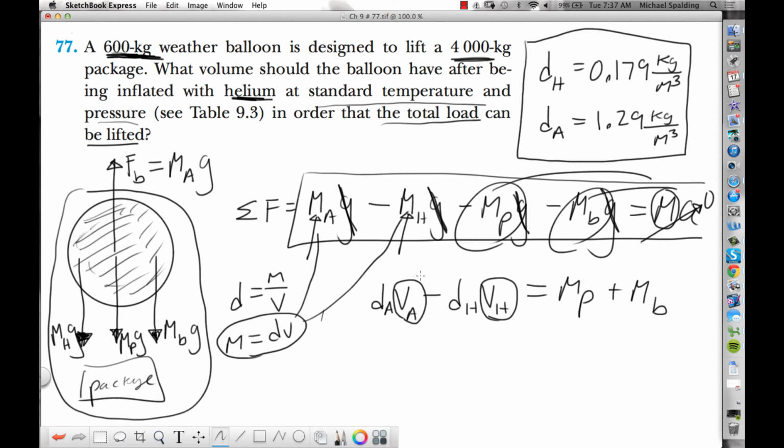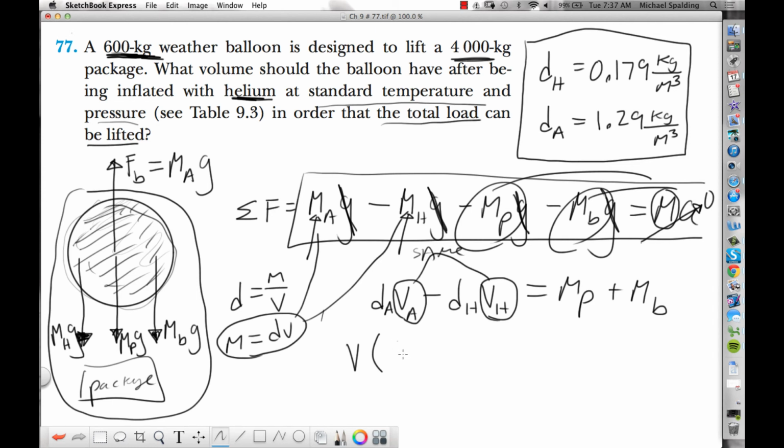And then what do we mean by volume of air? It's the volume of the air that is displaced. Well, how much air got displaced? Whatever the volume of the balloon is. So these two volumes are equal. So factor the V out. The volumes are the same.